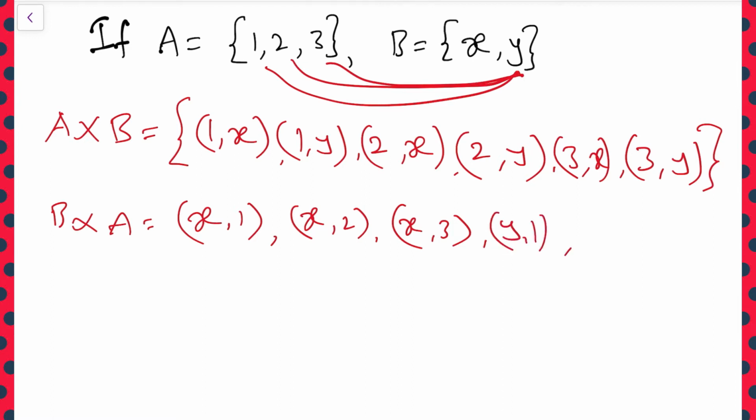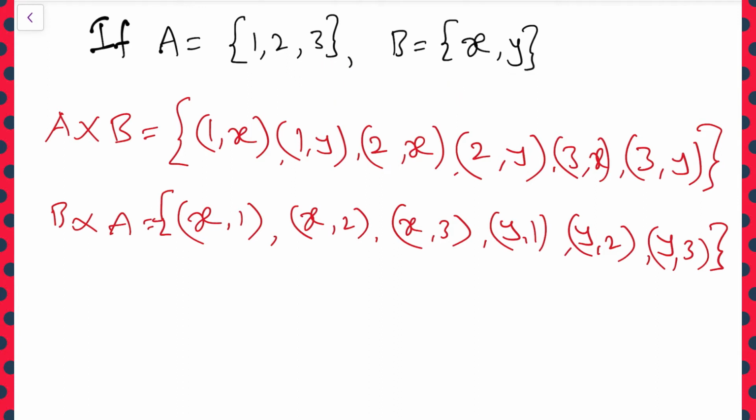If we observe these two Cartesian products clearly, that is A cross B as well as B cross A, here the first element is (1, x), whereas in this the first element is (x, 1). (1, x) is completely different from (x, 1). So from these two, we can conclude one thing, that A cross B is not equal to B cross A.